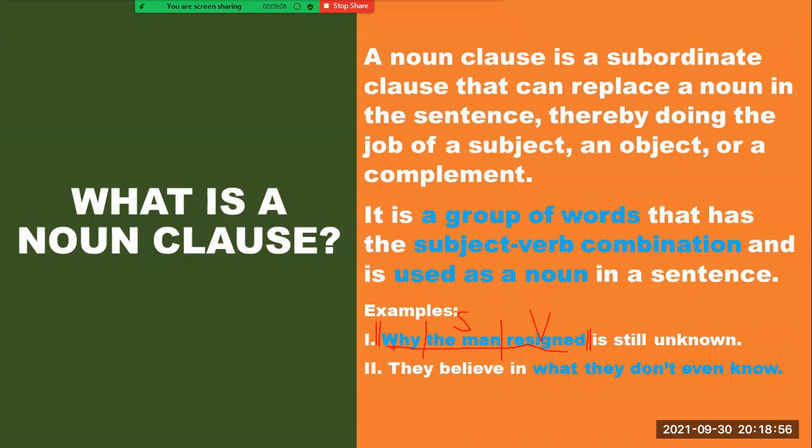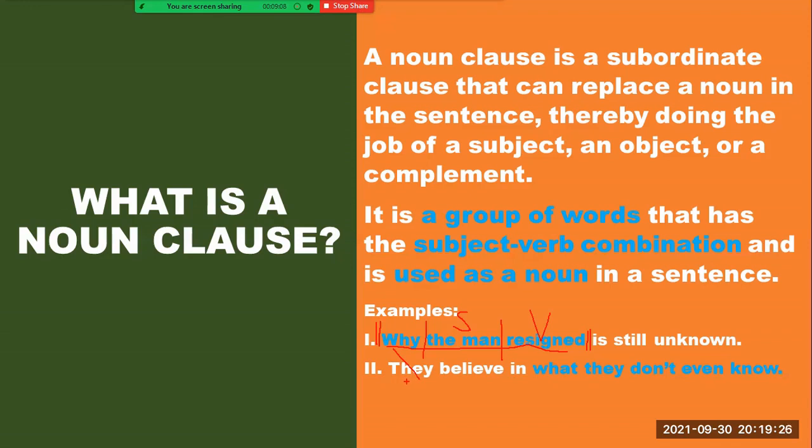Then you have other WH words that can begin a noun clause, such as what, when, where, who, and so on and so forth. Some of these words that begin the noun clause are relative pronouns, some are conjunctions, some are relative adverbs.